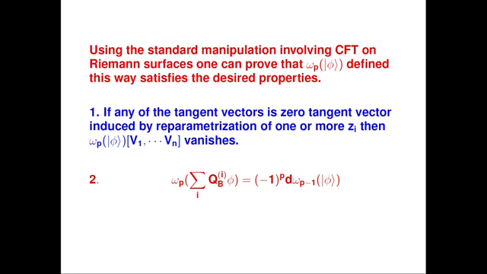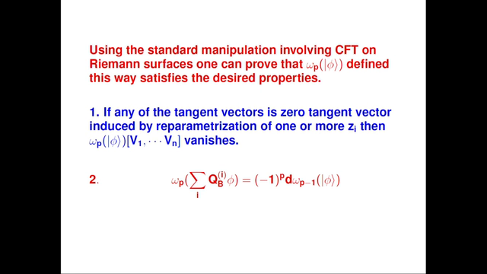You have to make sure that when omega p is contracted with such tangent vectors, you get the answer 0. This is something we can explicitly check: if any of these vector fields are induced by reparametrization of one or more of the zi's, then omega p automatically vanishes. You can show it by deforming the contour integral of the b's.